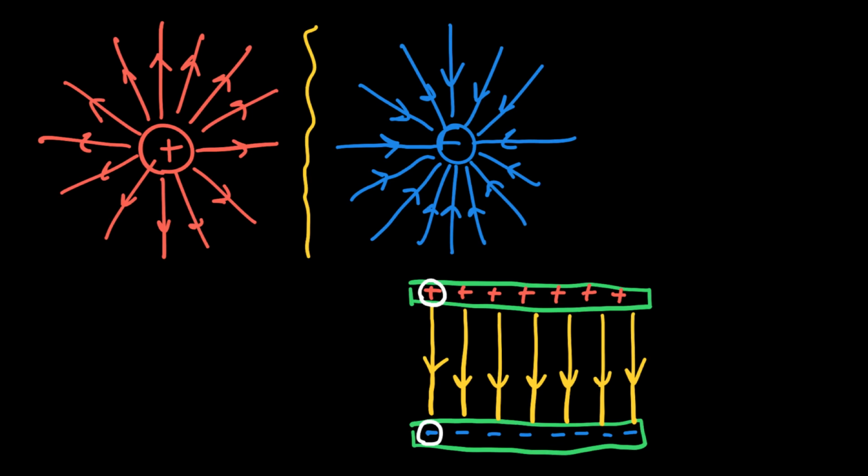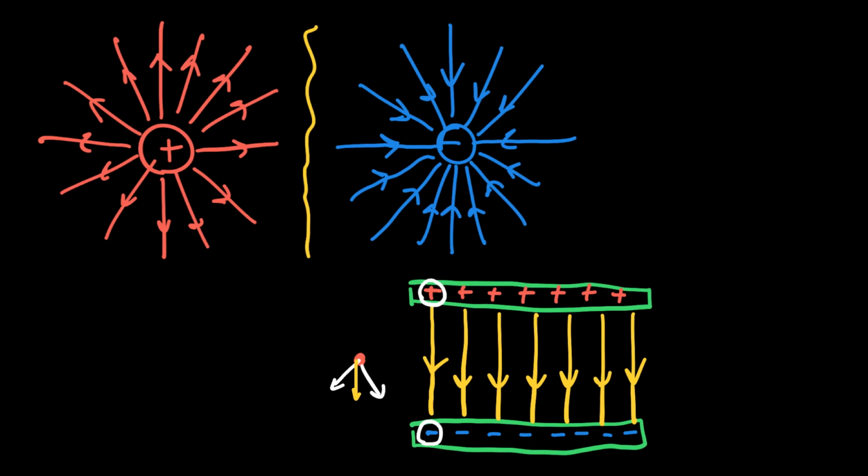And similar to the diagram that we saw previously, if we want, we could place a point out here, and we could show that due to the attraction to the negative charge, it would feel a force this way, and due to the repulsion of the positive charge, it would feel a force this way. And so the sum of those two forces would give me a force that is directed downwards, like that.